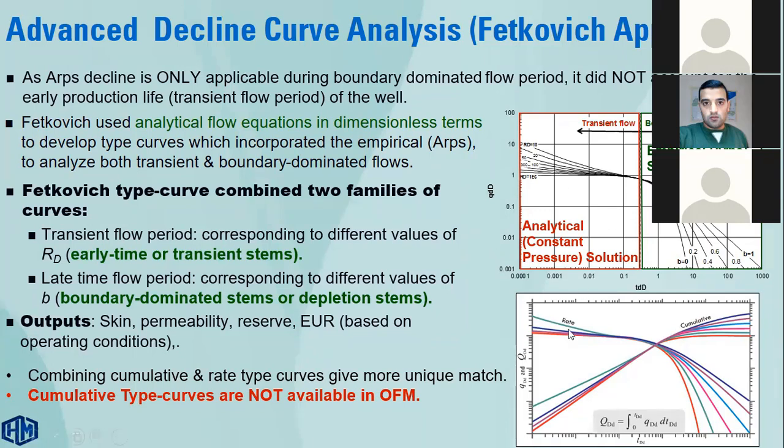In this type curve, we can add the cumulative production curve along with the oil rate. You have this family of rate versus time on a log plot, the dimensionless type curve, and cumulative production. This curve is not available in OFM, while it's available in CAPS, for example.